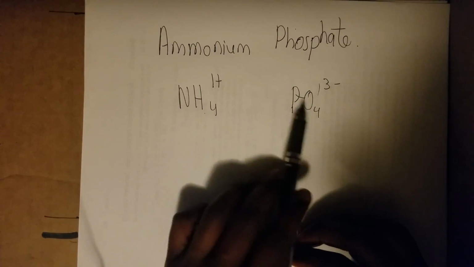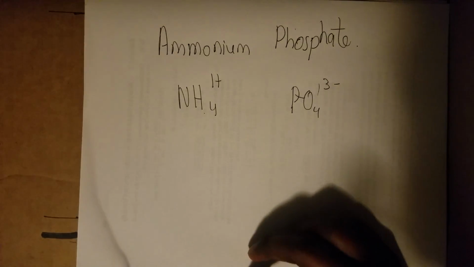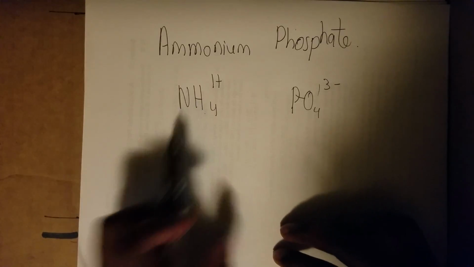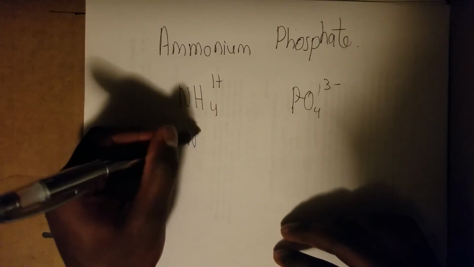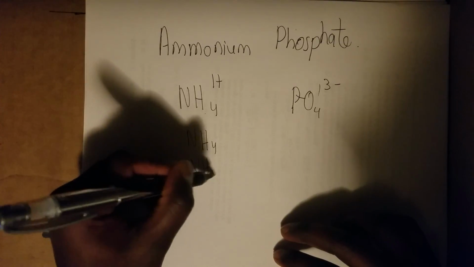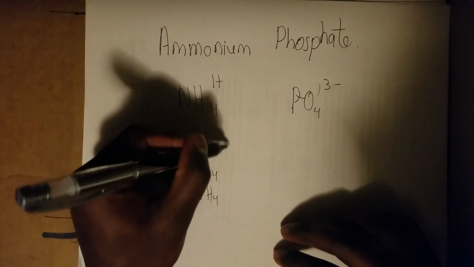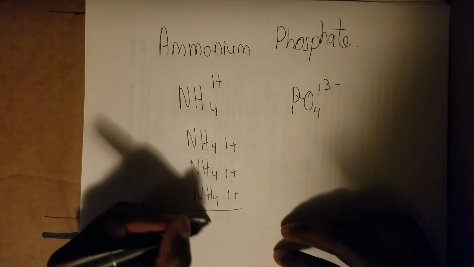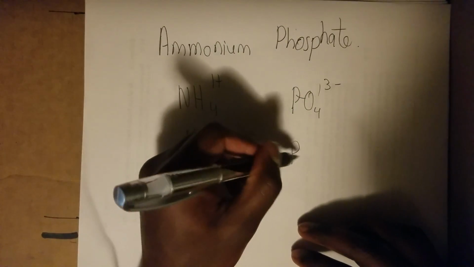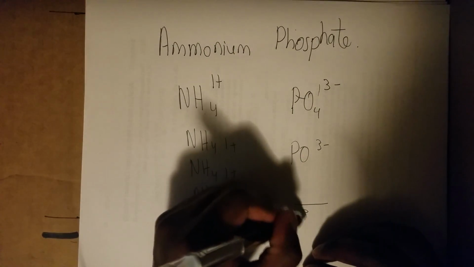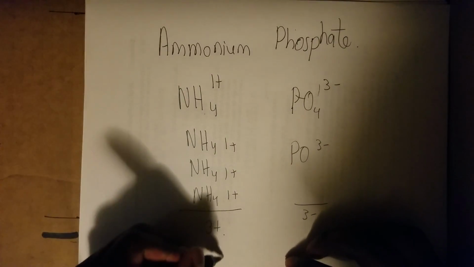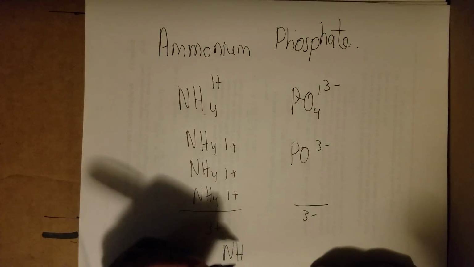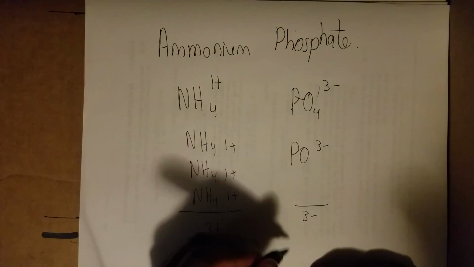You have 3 here and 1 there, so you will need 3 of this. 1, 2, 3, each has 1 charge. This will give you a total of 3 plus, and this 1 will give you a charge of 3 negative. So now they balance. So you need 3 NH4 for 1 phosphate.